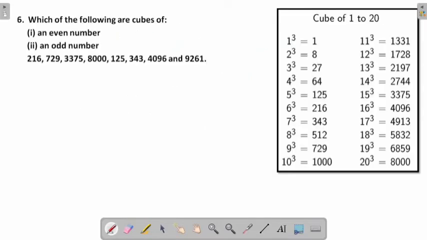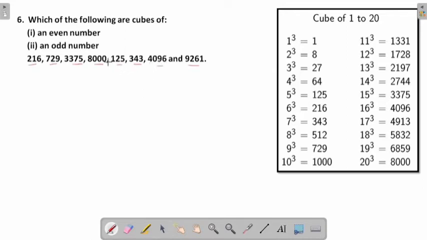Okay, so the next question says you need to find which of the following are cubes of even numbers. So first and foremost, you have the given numbers. Here the question says all these are cubes. Now these are the cubes of even numbers and odd numbers, you know that.